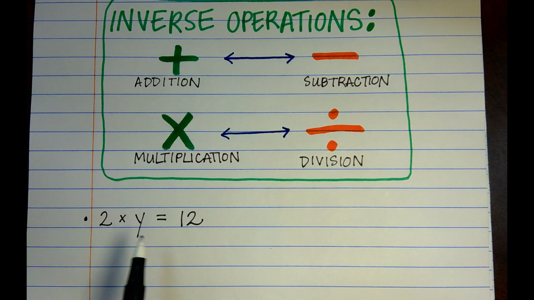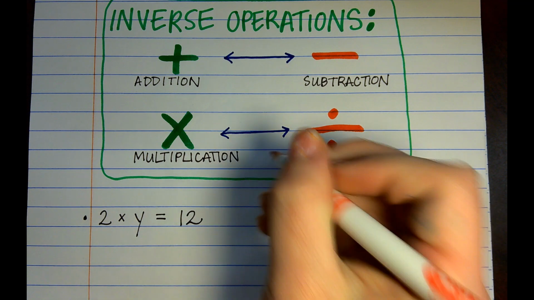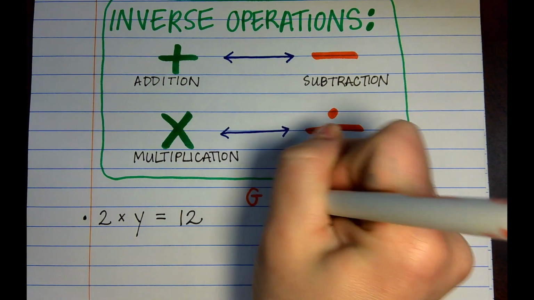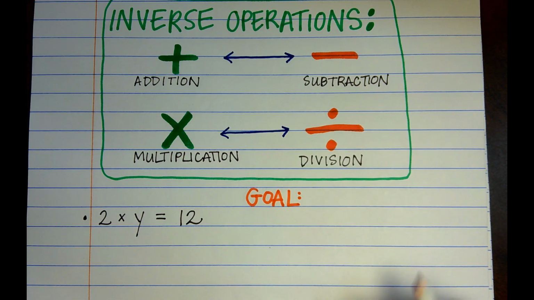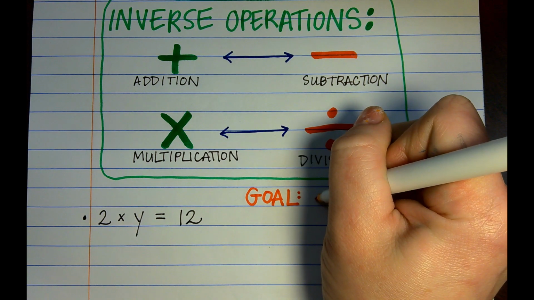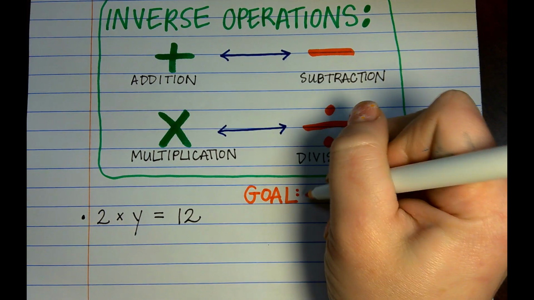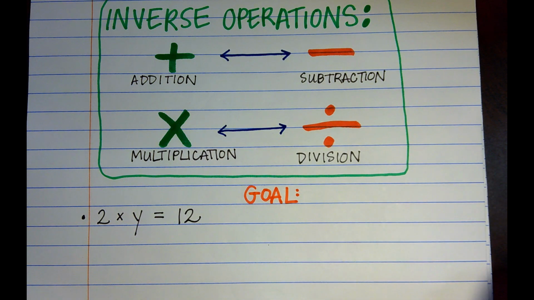Remember, my goal is to get the variable by itself. And a fancy word for getting it by itself, we say isolate.